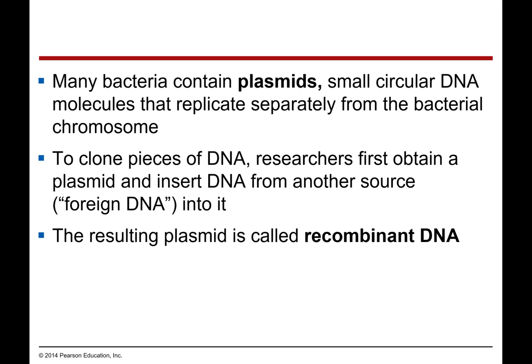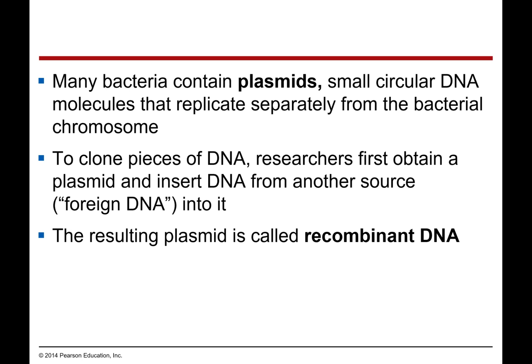To clone pieces of DNA in the laboratory, researchers will take a plasmid, usually from a bacterial cell, and genetically engineer it for efficient cloning. They take the piece of DNA that they're trying to study and combine it with the plasmid. And when they do this, now you have what you call recombinant DNA.